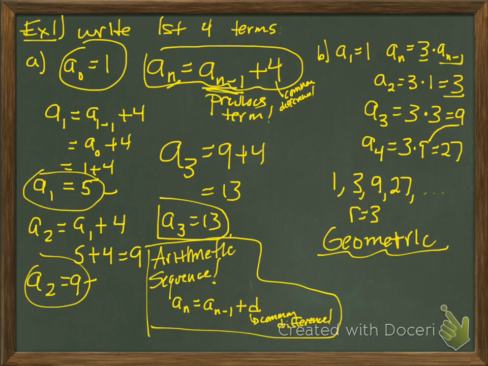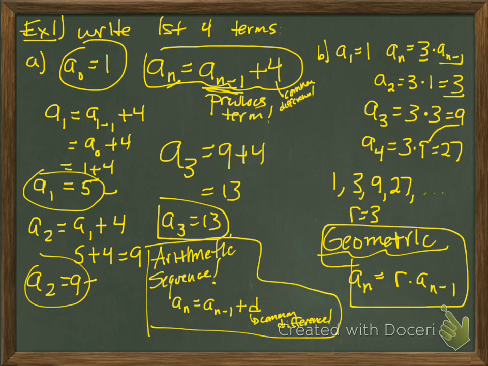So a geometric recursive rule is a sub n equals whatever the common ratio is, r, times the previous term. It's actually quite simple if you think about it. It's just saying take the previous term and multiply it by whatever the ratio is. It's a very straightforward way of thinking about a geometric sequence. You're just multiplying by the same ratio to the term to generate the next term in the sequence.